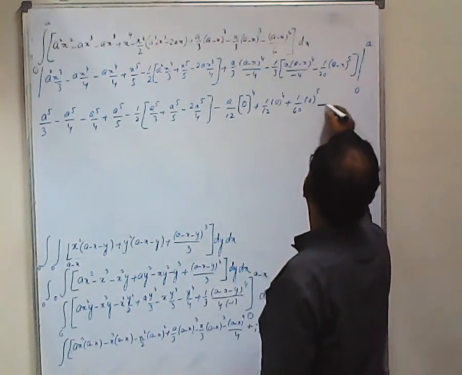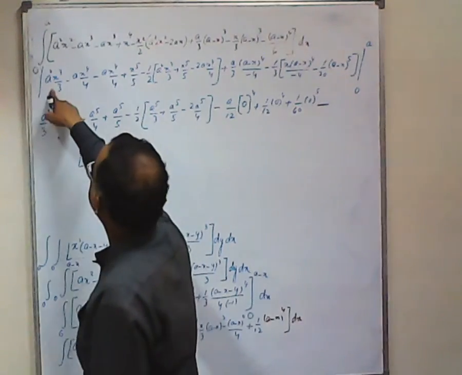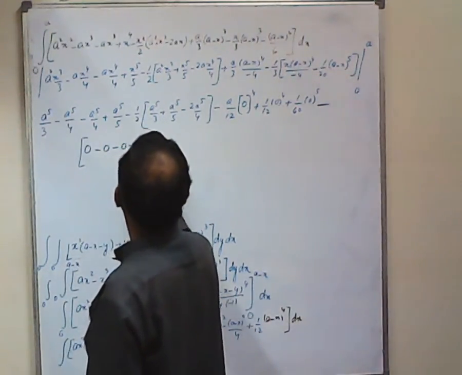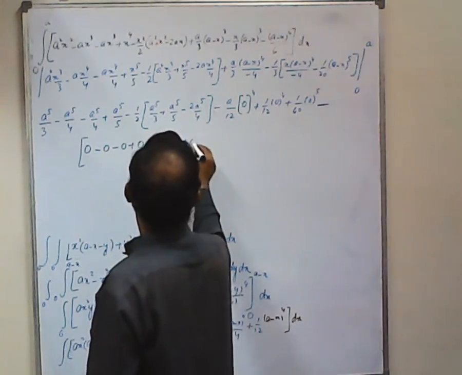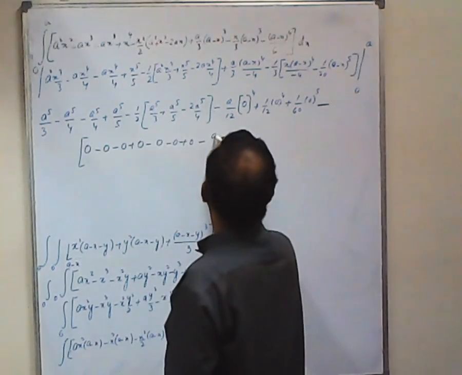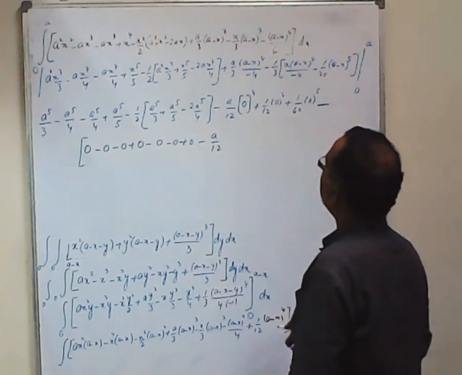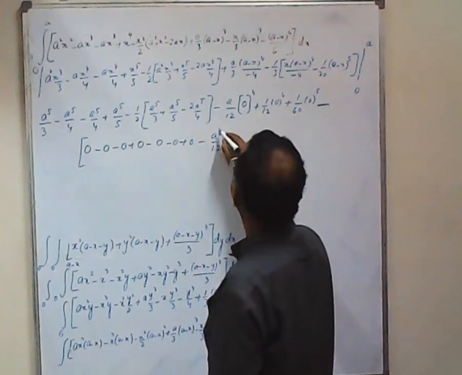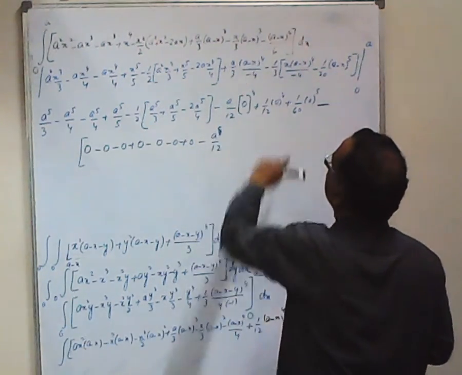Then minus the lower limit. So what will be the lower limit? This will become 0, minus 0, minus 0, plus 0, minus 0, minus 0, plus 0, 0, 0, 0, and then minus a upon 12. This is a upon minus 12. So a minus 0 means a power 4 into a power 5.